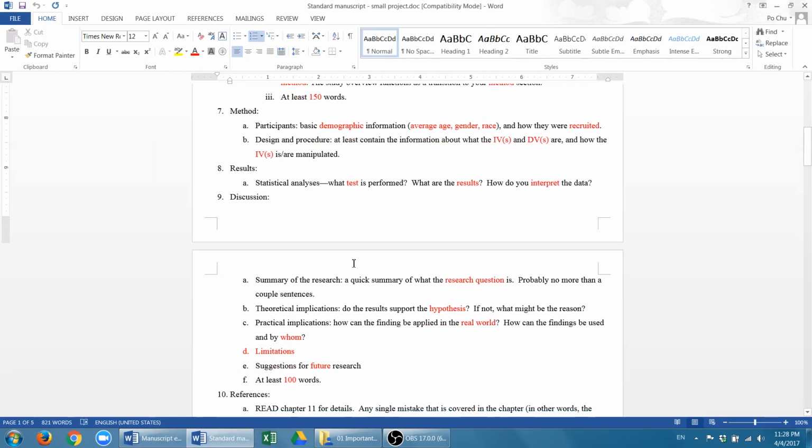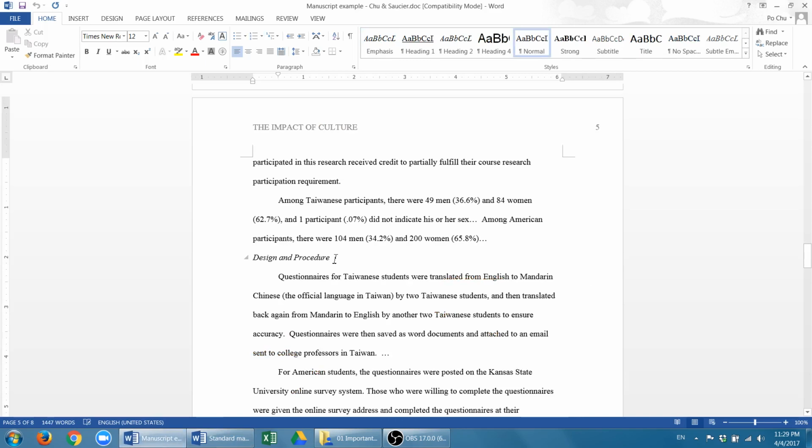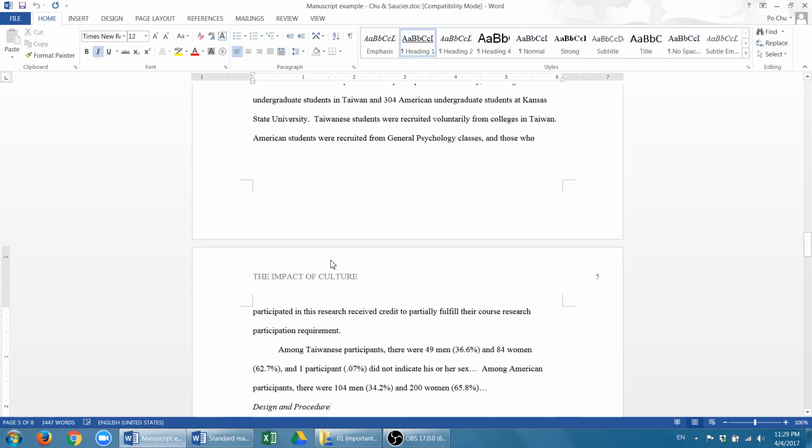So that's the method: participants' basic demographic information, probably, if you collect the data, average age, gender, maybe race, and how they were recruited. For face-to-face students, I guess you just say students were recruited from different psychology classes, and the students participated in this research in exchange for extra credit. That's pretty much the case.